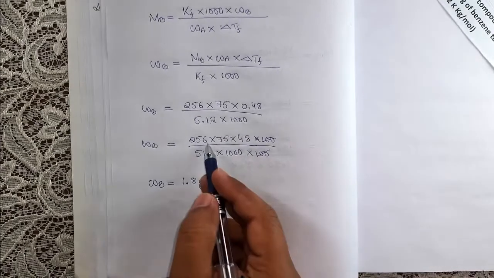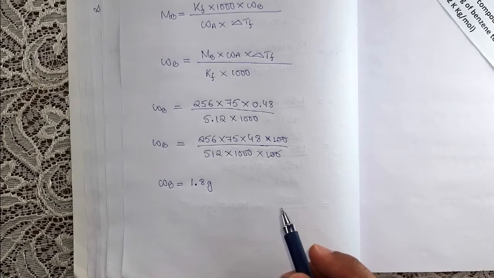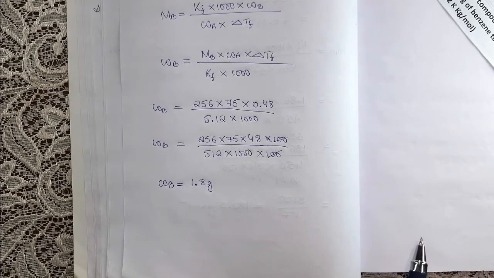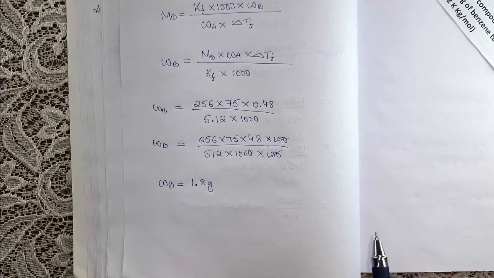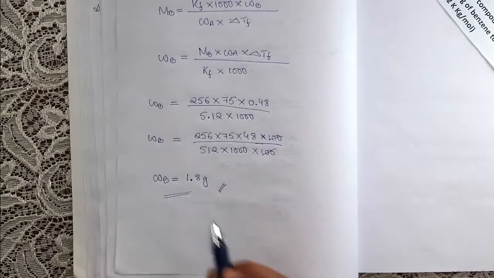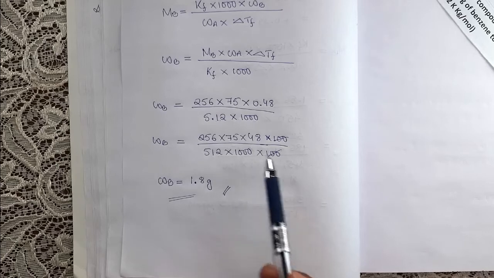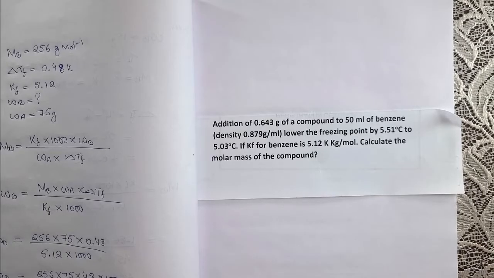If you multiply these values and multiply these values, and then divide, you shall have 1.8 gram. So this shall be our answer. The weight of the solute should be 1.8 gram. I hope this simple multiplication and division won't be a problem for you.